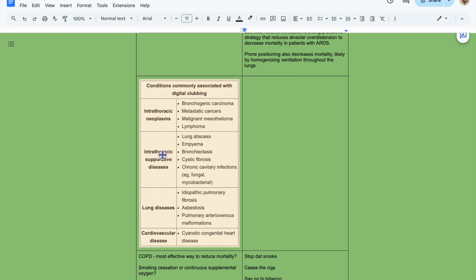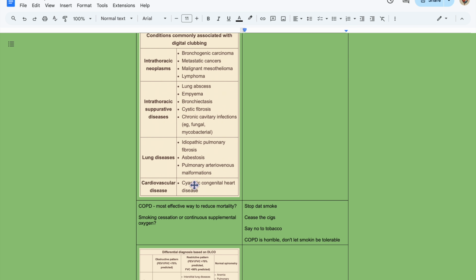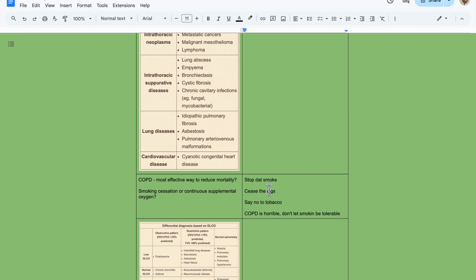Conditions related to intrathoracic suppurative disease are lung abscess, empyema, bronchiectasis, cystic fibrosis, chronic cavitary infection, for example fungal or mycobacterial. Lung diseases are idiopathic pulmonary fibrosis, asbestosis, pulmonary arteriovenous malformation. Cardiovascular diseases are cyanotic congenital heart disease.